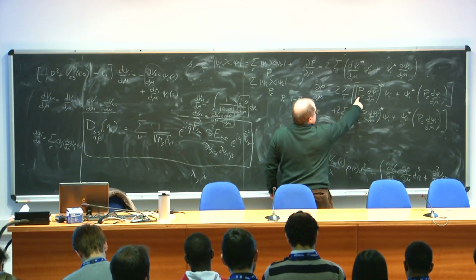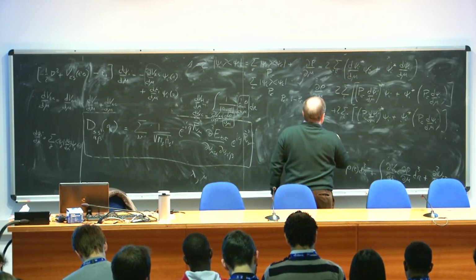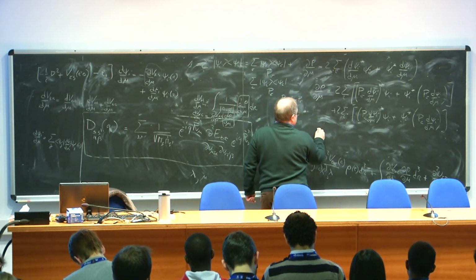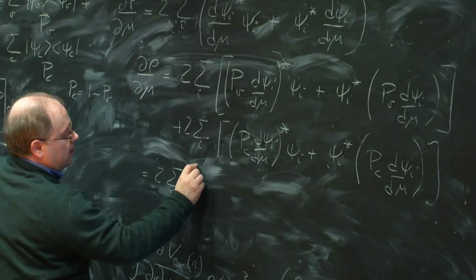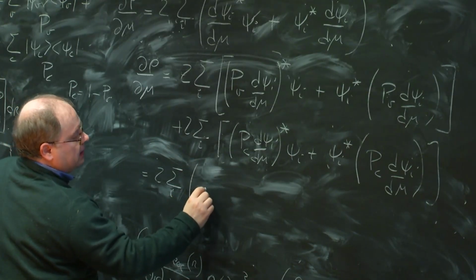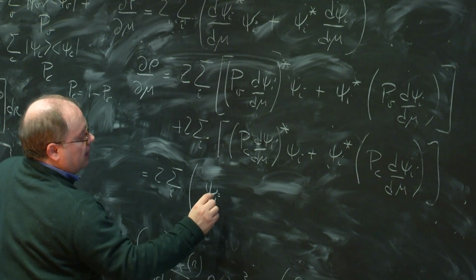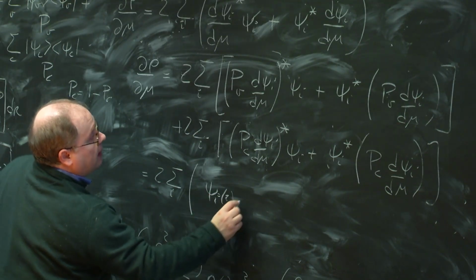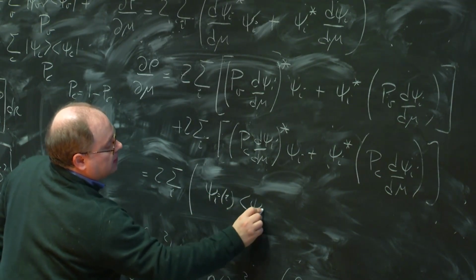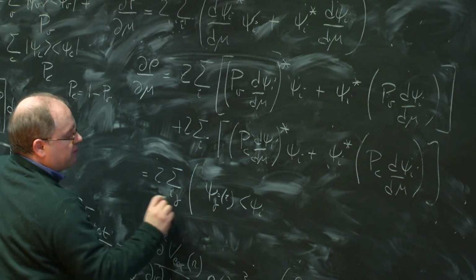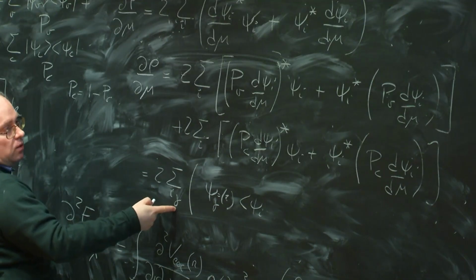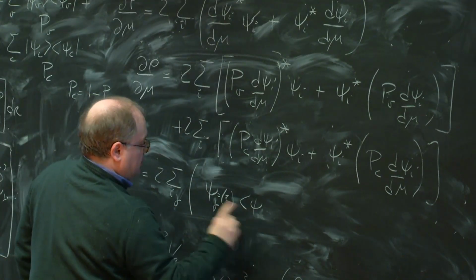Well, let's write the expression of PV. So this is equal to twice the sum over E of Psi of R, the scalar product between, let me call this Psi J, and sum over J, where J now is still an occupied state.